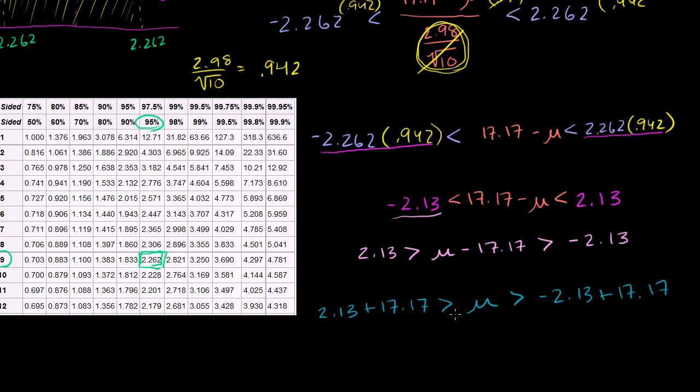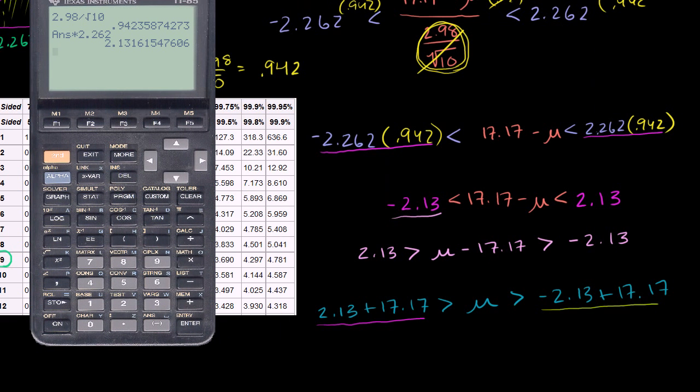Since we have a bunch of greater than signs, this is actually the smallest number and this over here is actually the largest number, so you can just rewrite this inequality the other way. Let's figure out what these values are. 2.13 plus 17.17 is the high end of our range, and that is 19.3.